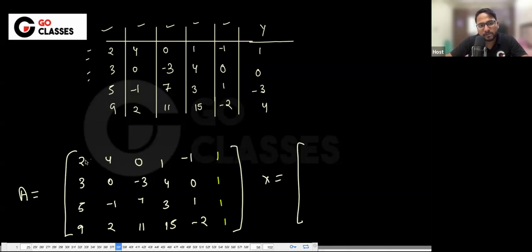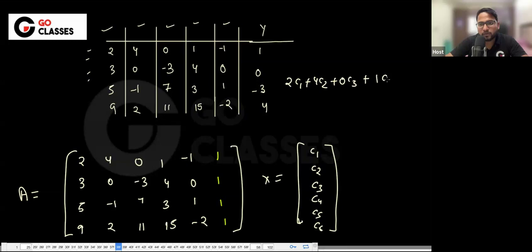Maybe you can write it as C1, C2, C3, C4, C5, C6, right? So C1, C2, C3, C4, C5, and C6, where, for example, 2 into C1 plus 4 into C2 plus 0 into C3 plus 1 into C4 plus minus 1 into C5 plus C6 is equal to 1.